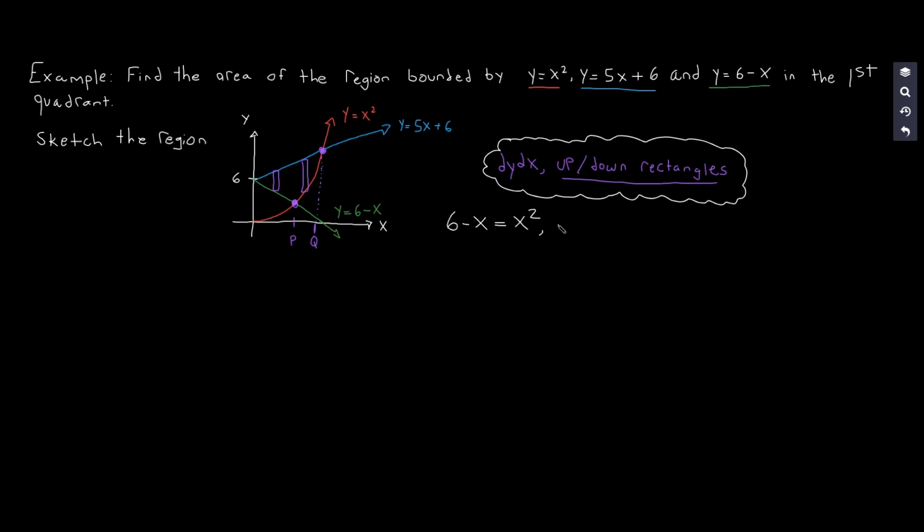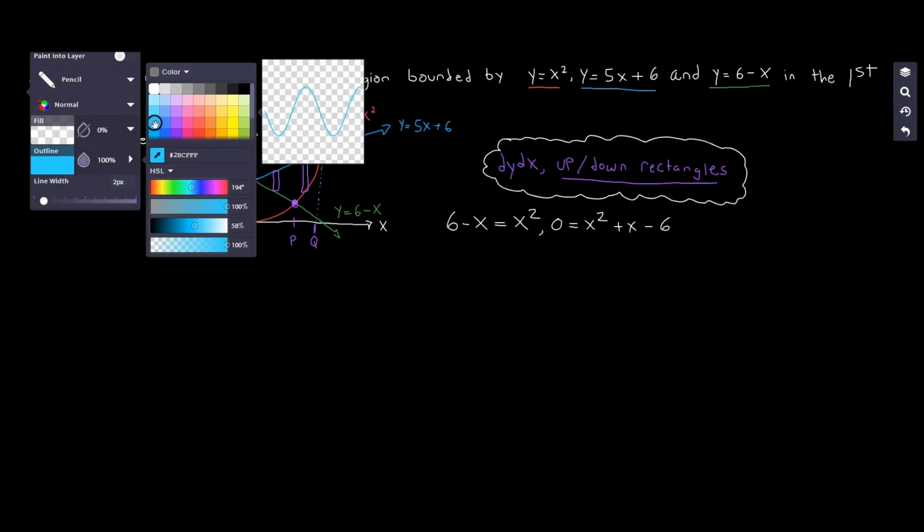So that's going to be 0 equals x squared plus x minus 6.